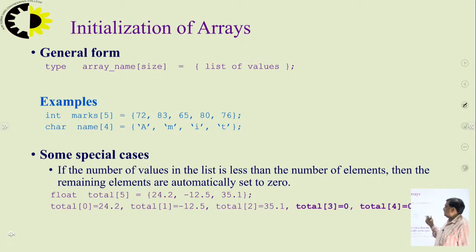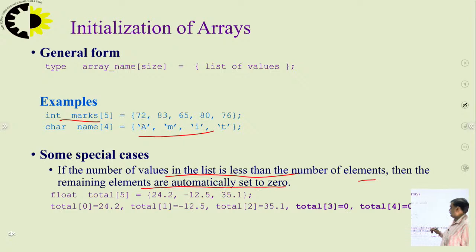So how we can initialize, that we have already seen. These examples we can find useful. Like here integer marks, we have stored this. If the number of values in the list is less than the number of elements, then the remaining elements are automatically set to 0. For example, here float total 5 and we have given 1, 2, 3 elements only, while the size is 5.